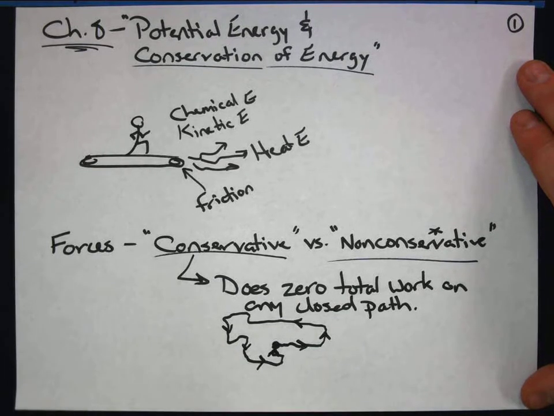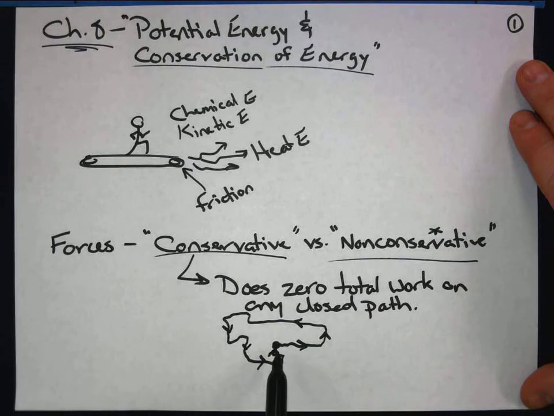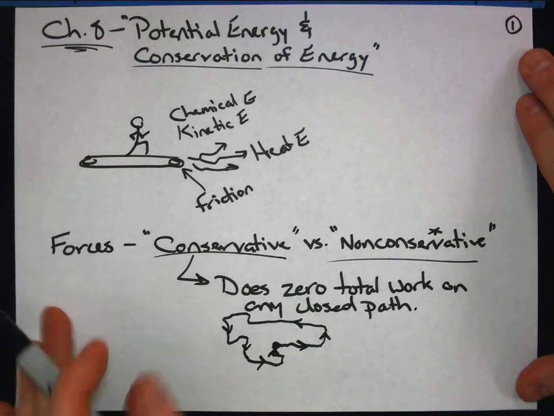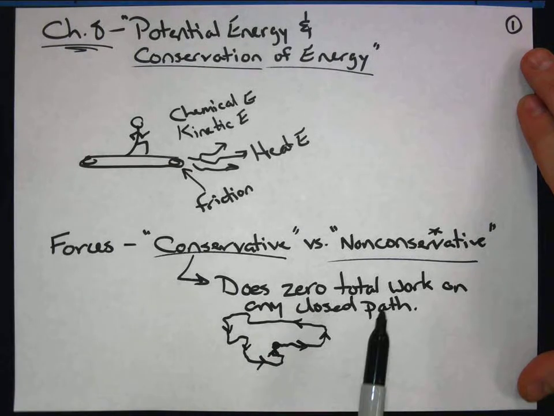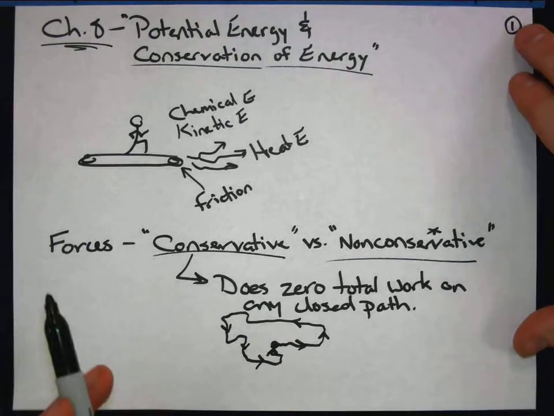And it turns out that for conservative forces, if the path is closed, if it ends up back where it started, then the total work done would be 0. So in that sense, on a closed path, if there's 0 total work done, then there's 0 change in the energy. So things are conserved. All right. No issue there.